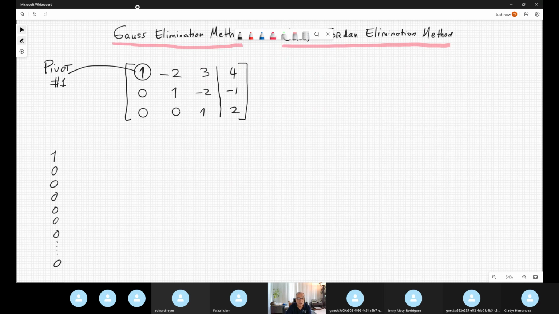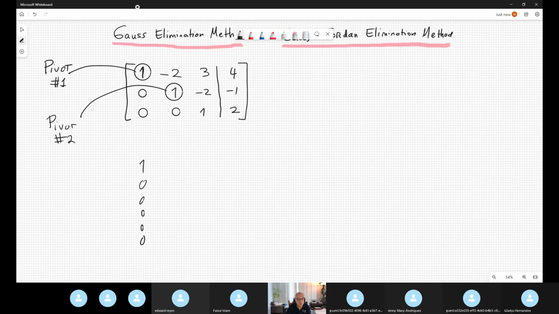After that, when you finish the first column, you go to the second. In the second column, you take the second pivot, which is this. This is pivot number 2. And below, you put 0, 0, 0, down to the last 0.